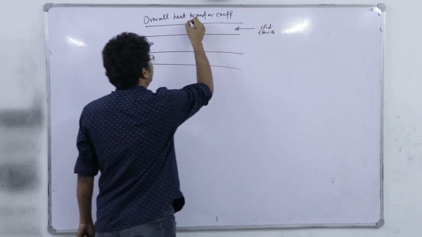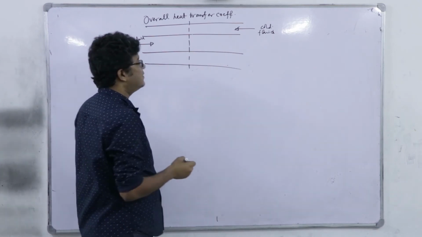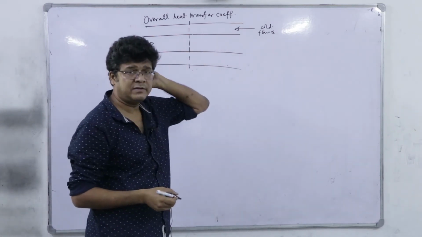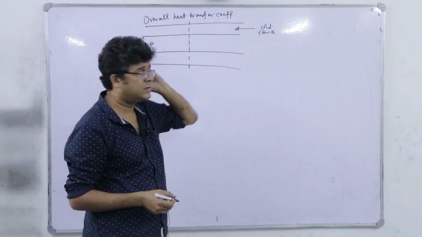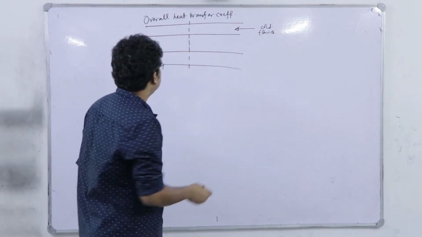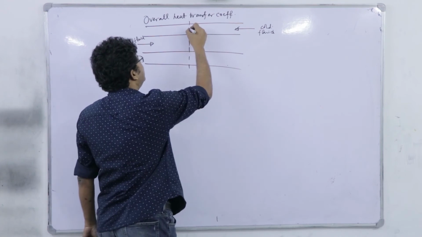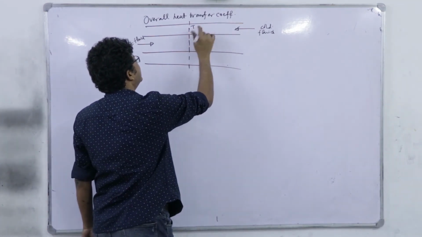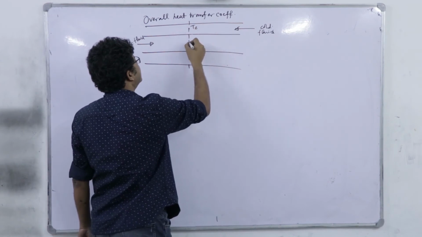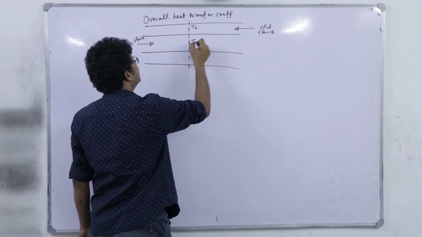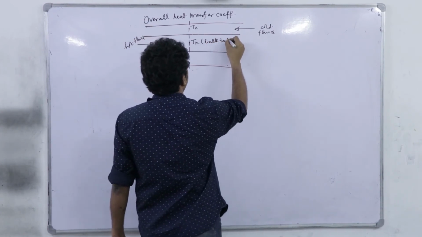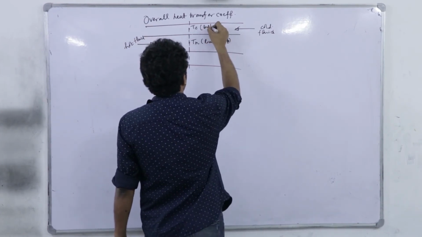Right. Now, at any section, why are we considering the section? Because the temperatures of the hot and cold fluid are progressively changing with the different location. So, at any section, if this is TH or say TC, right, this is TH, the bulk temperature. So, here also it is the bulk temperature.